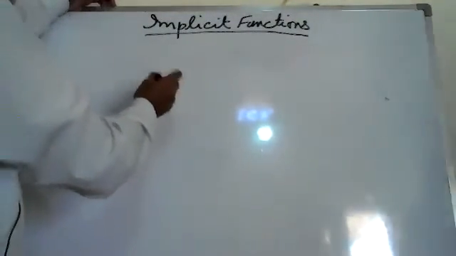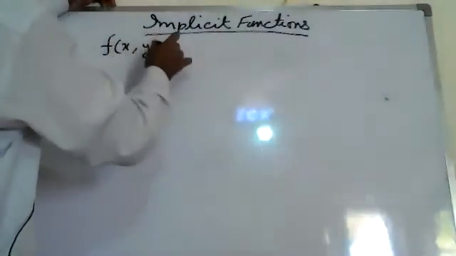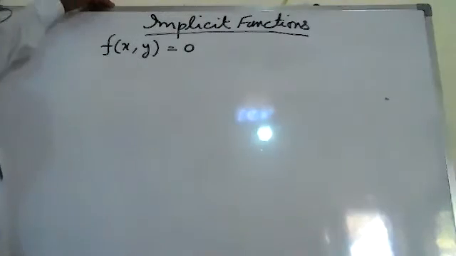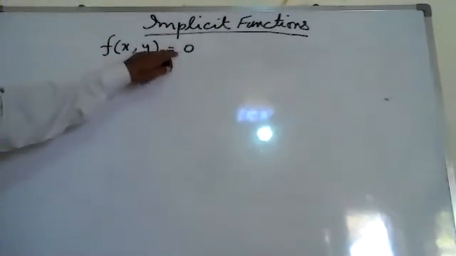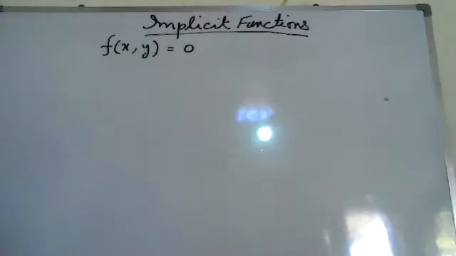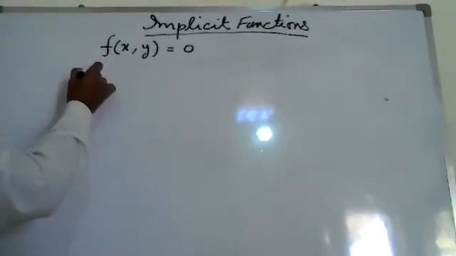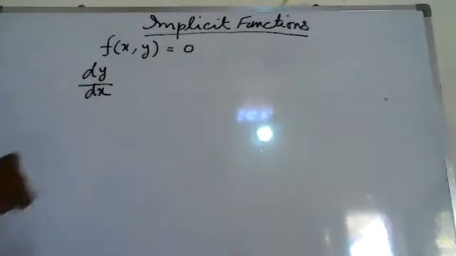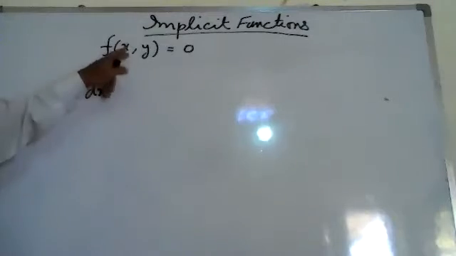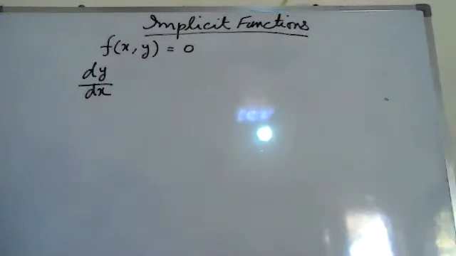The equation will be converted into f of xy equal to 0. Whatever the equation is, we will convert it equal to 0. Then if we want to find dy upon dx, this is an implicit function, so the two variables x and y will be there. We convert it equal to 0, and that is called f of xy.